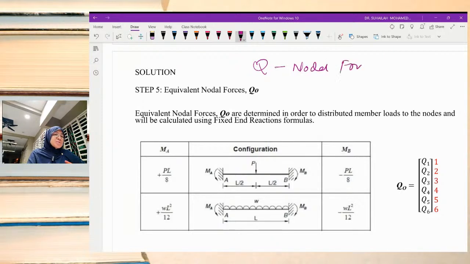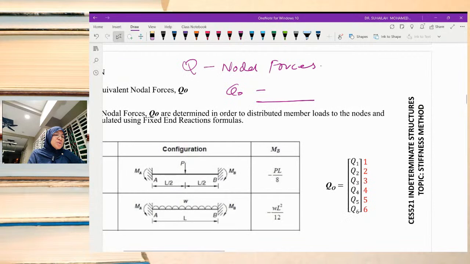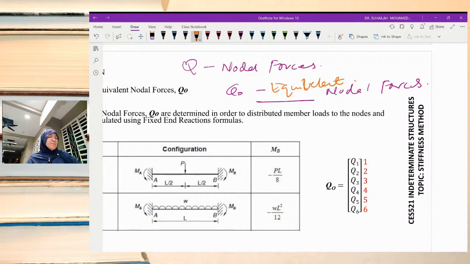Now Q naught is equivalent nodal forces. Okay, it is equivalent. What does it mean?